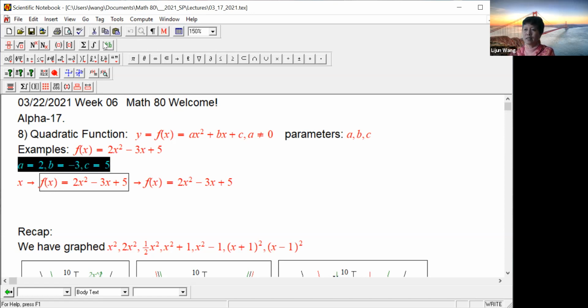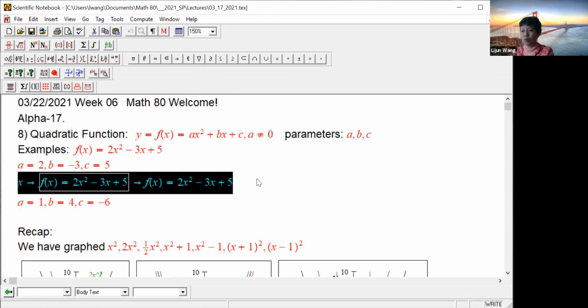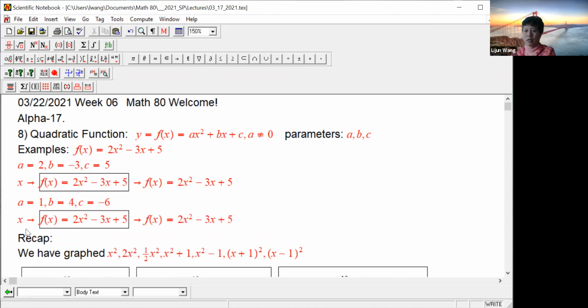In another scenario, I may make a equals 1, b equals 4, and c equals -6, and I will be getting another, different rule.